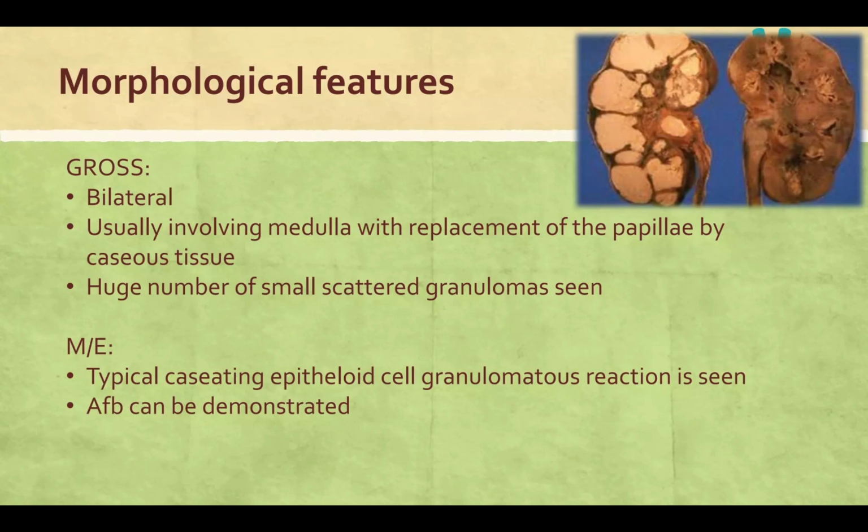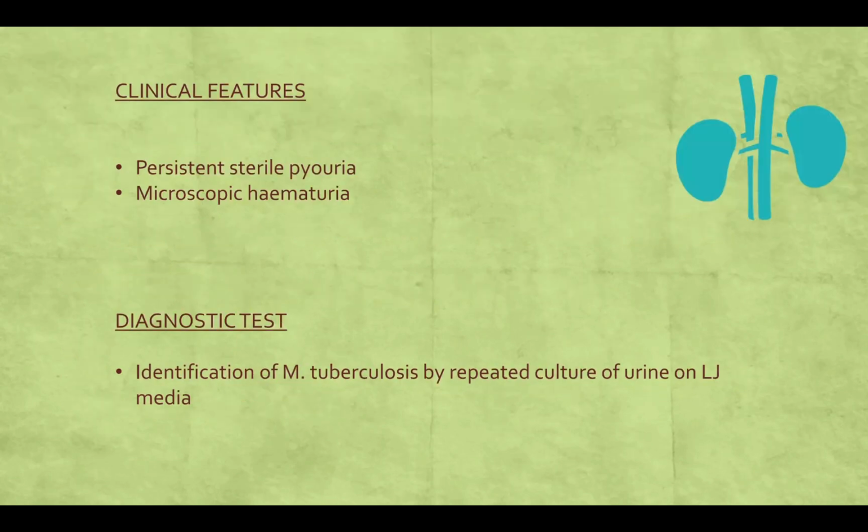Let us move further to the clinical features of tuberculous pyelonephritis. The clinical features are persistent sterile pyuria and microscopic hematuria. In the microscopy, we can see blood particles or RBCs in the urine, which is also called hematuria.